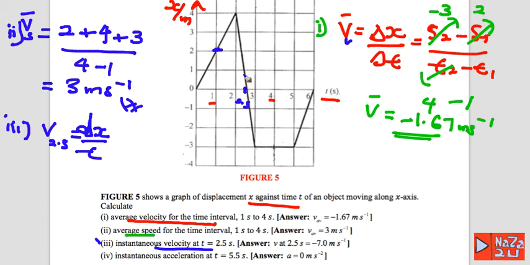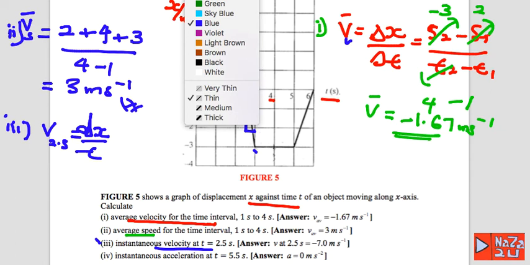At 2.5, if you look at the graph here, this is a straight line. So we have a constant value because we have a straight line. So meaning you can find the gradient of the graph here by using the equation.